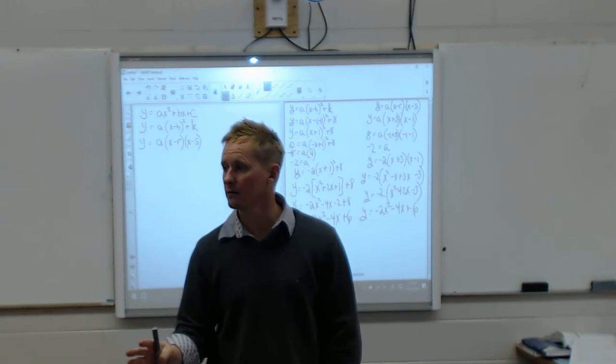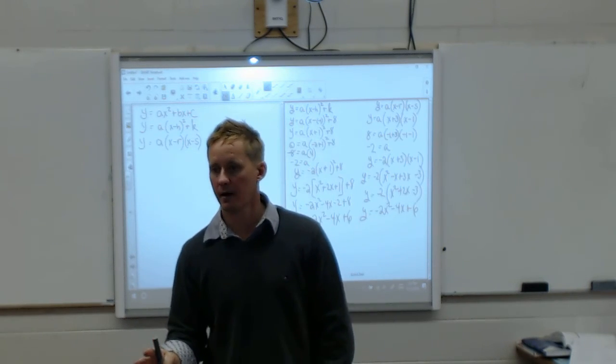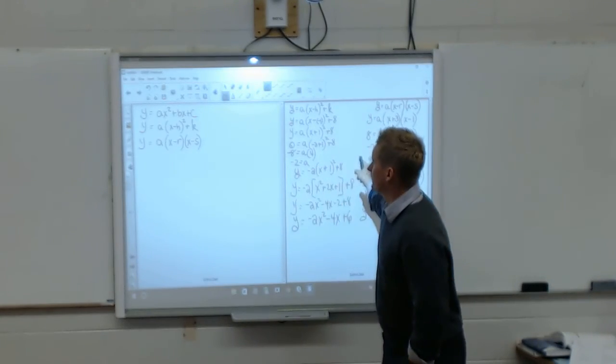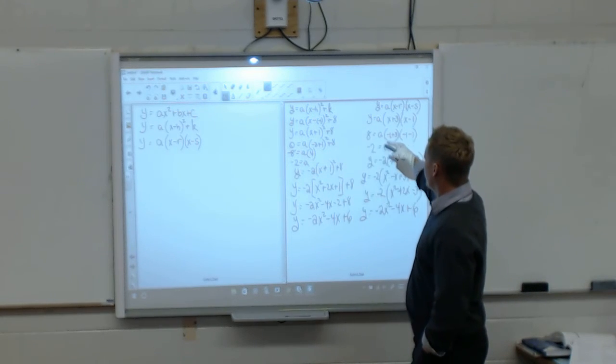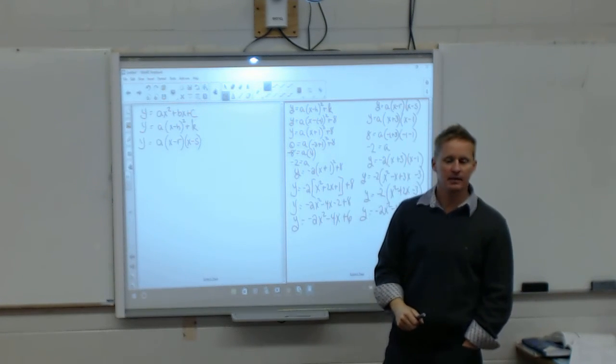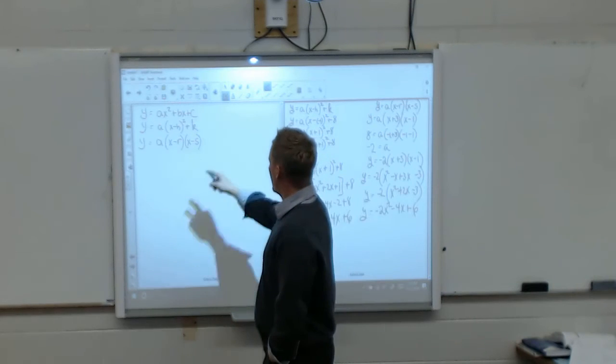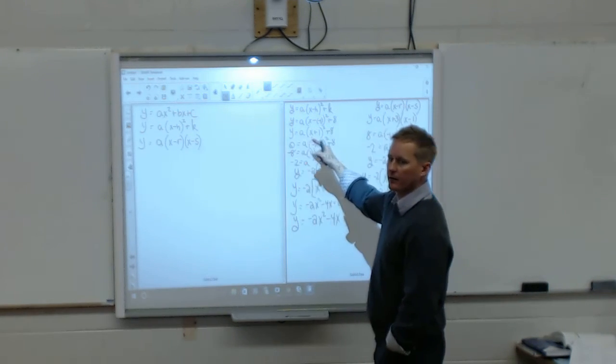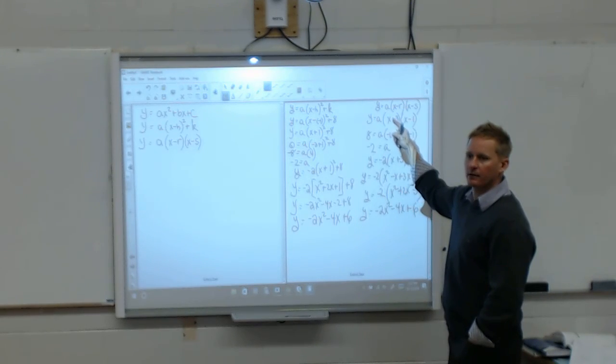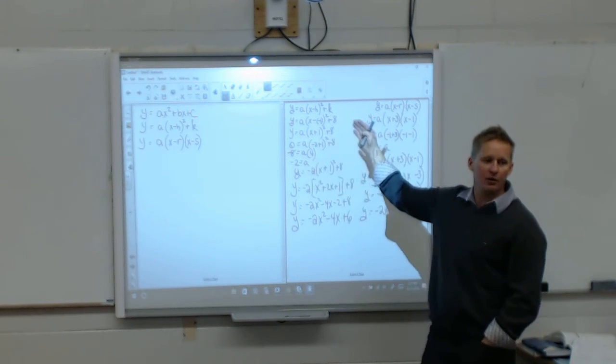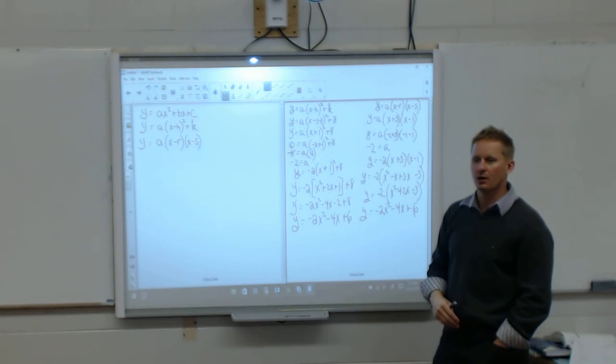Everybody's okay so far? All right? Two methods. Method 1, method 2 got me -2 in both cases. I used the same thing. In method 1, I put the vertex in. In method 2, I put the roots in. In both methods, I put one other coordinate in to solve it.